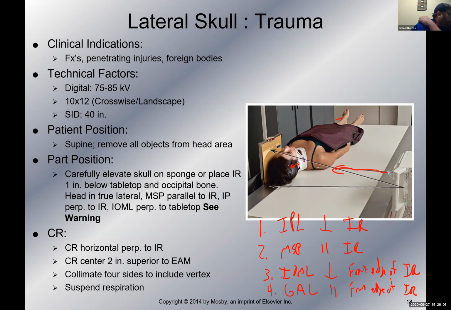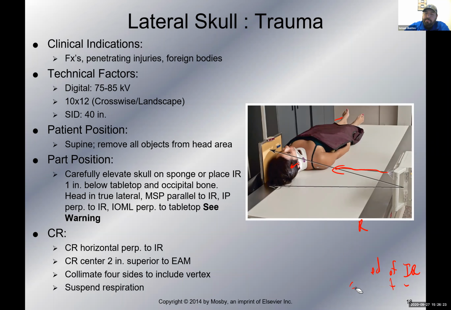So again, make sure that you're centered correctly. Make sure you include all of the skull, including the vertex and the occipital bone. Make sure you're in a true lateral position, and you're going to suspend respiration on this projection. Okay. And that should do it for our last projection, lateral skull.